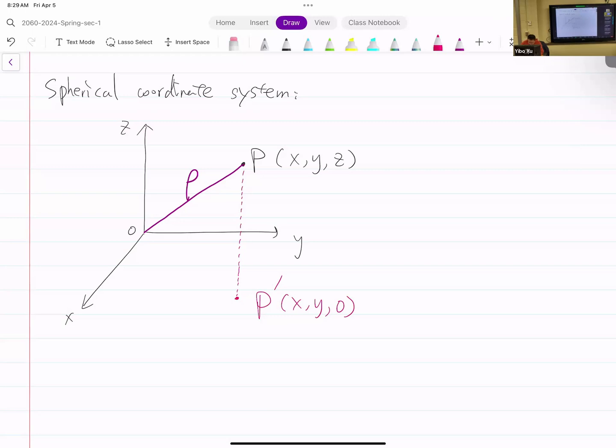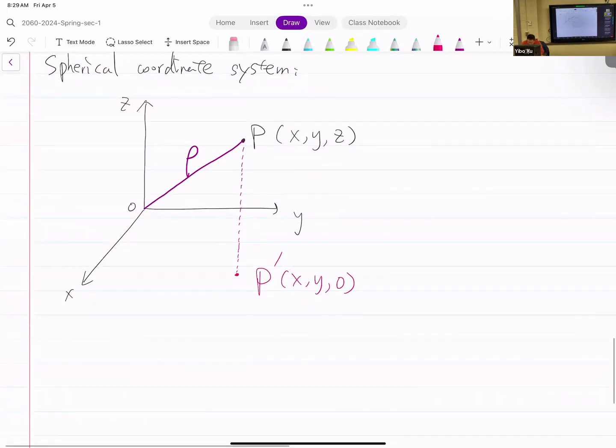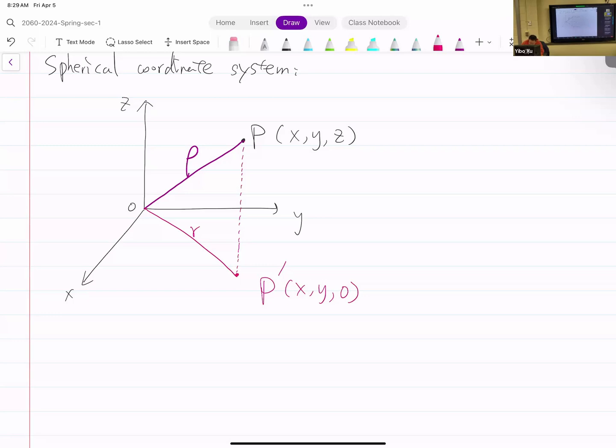And then, how do you decide that theta angle? Theta is in the xy plane. This is r, the distance from P prime to the origin within the xy plane, right? And theta is the rotation angle from the direction of the x-axis to the direction of O P prime. So that's theta.